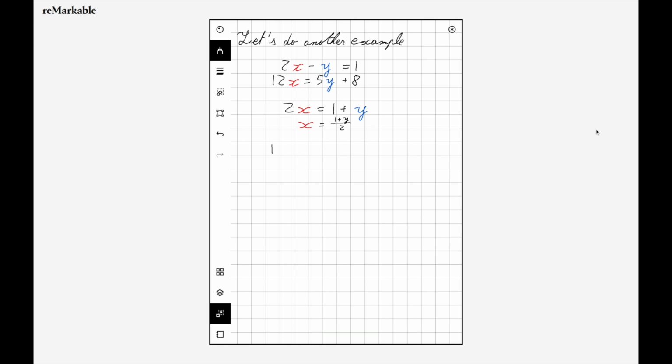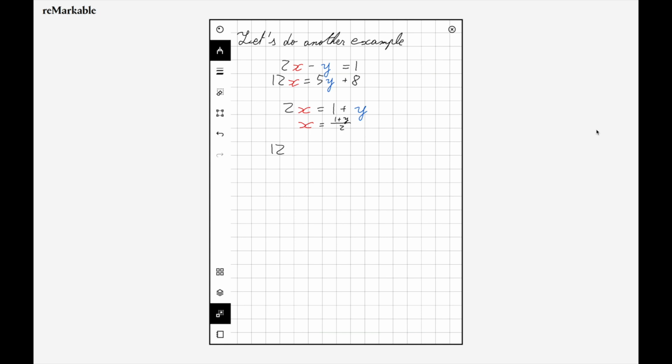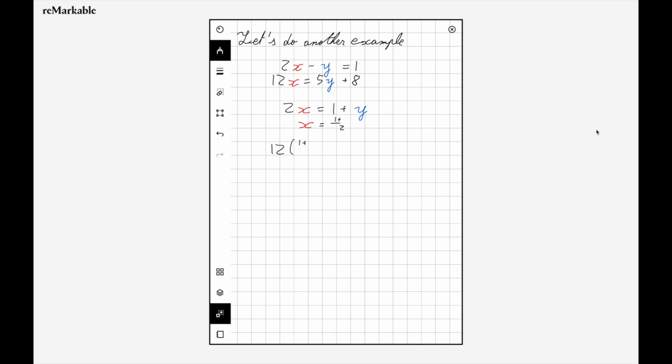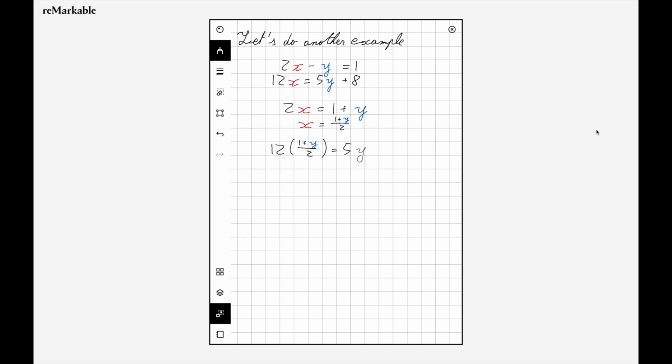We have 12 times (1 plus y) over 2, with y in blue, which is equal to 5y, still blue, plus 8.